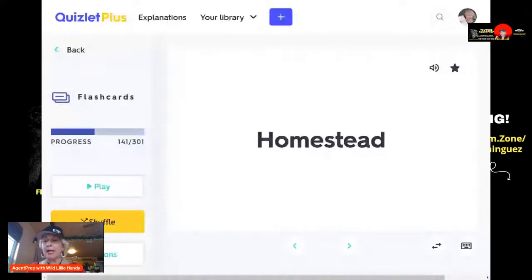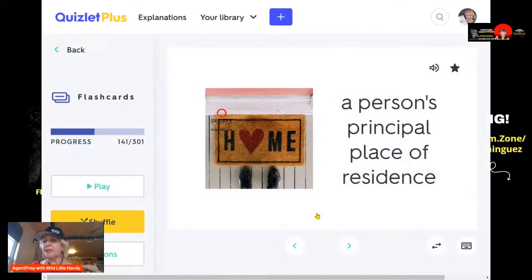We're only allowed to have one primary residence. However, you could have multiple residences, and this is called the principal place of residence. This is what you call your primary home that you live in. Then that is protected by the state, because not all states have a homestead.